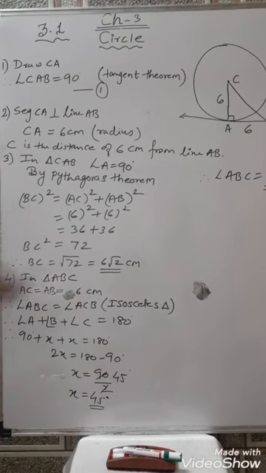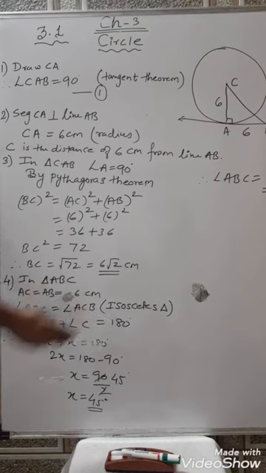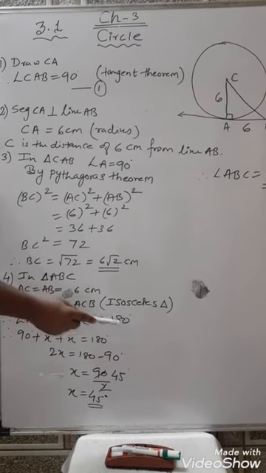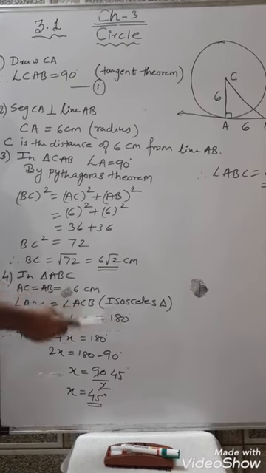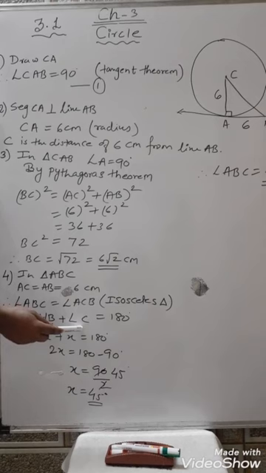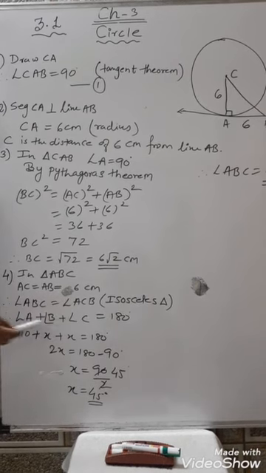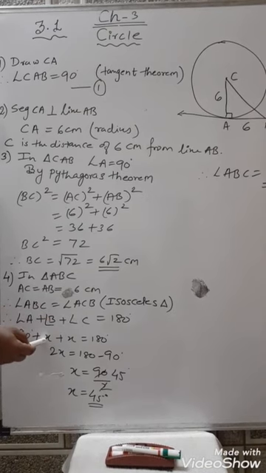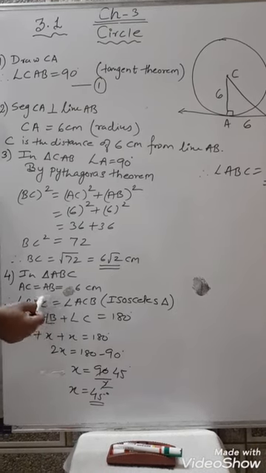So if we add all three angles, we get 180. As we know, the sum of the measures of the angles of a triangle is 180. So angle A plus angle B plus angle C is equal to 180. A is 90. B and C we consider as x because in an isosceles triangle they are equal.